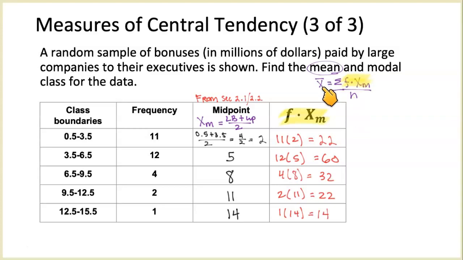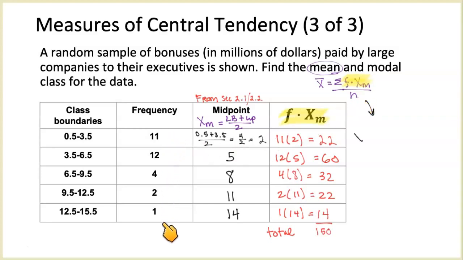And then to find the mean of the entire distribution, the sample mean, I take the sum of this column, so 22 plus 60 plus 32 plus 22 plus 14. We add that together, we get 150. And then n represents the total sample.